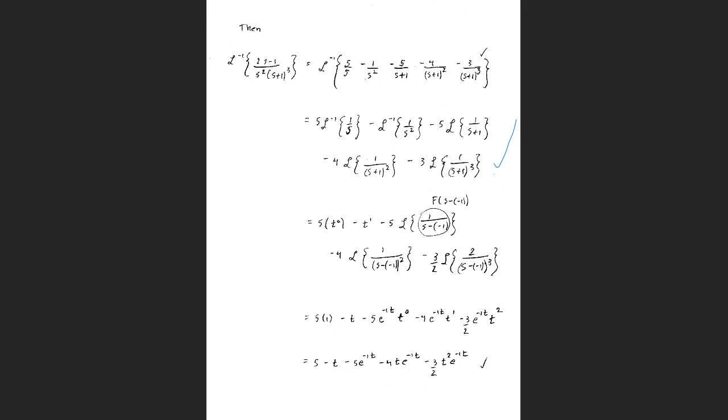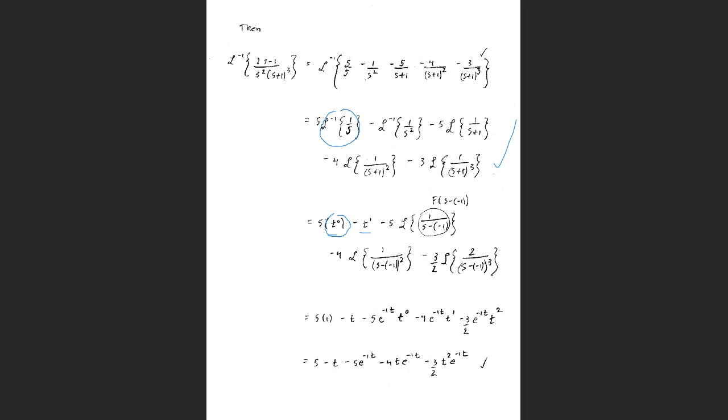Now I take the inverse Laplace transforms of 1 over s, that's t to the 0th power. The inverse Laplace transform of 1 over s squared is t to the 1st. No, because Zachary, now we're finding the inverse Laplace transforms. The inverse Laplace transform of 1 over s is just equal to 1.